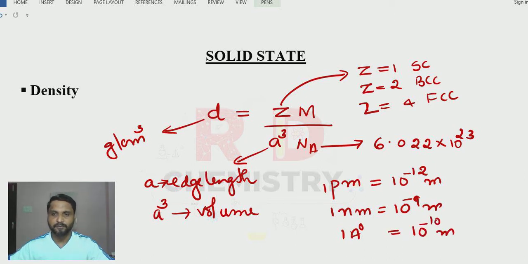Now, I want to convert this picometer into centimeter. So, it is 10 to the power minus 12 meter, and 1 meter is 100 centimeter, 10 to the power 2 centimeter, therefore I can write 10 to the power minus 10 centimeter here, correct? So like that you can go on changing the units, right?